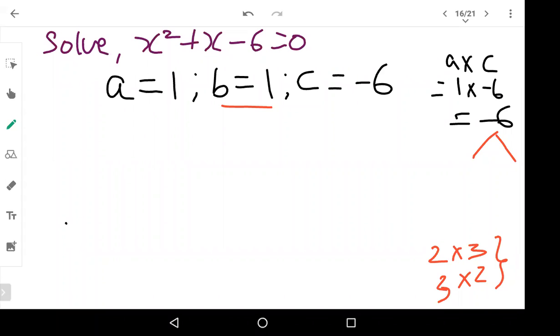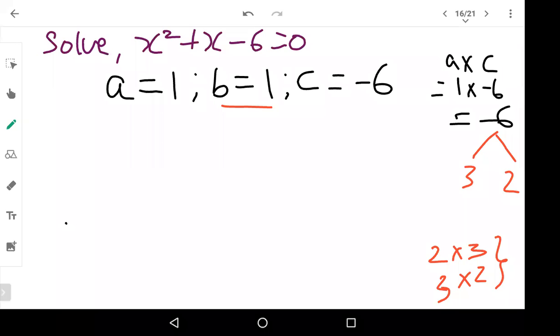Now what we will do is, 3 into 2. Okay, everybody is saying minus 3 into plus 2. 3 2s are 6. So let us see, 3 and 2.